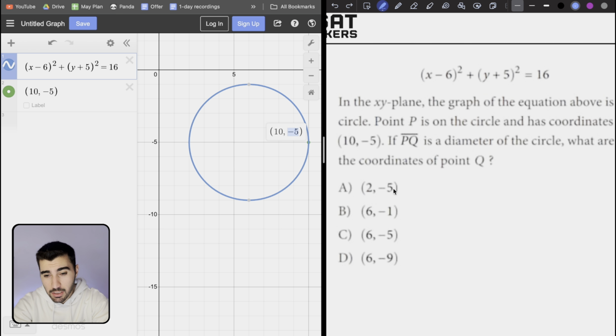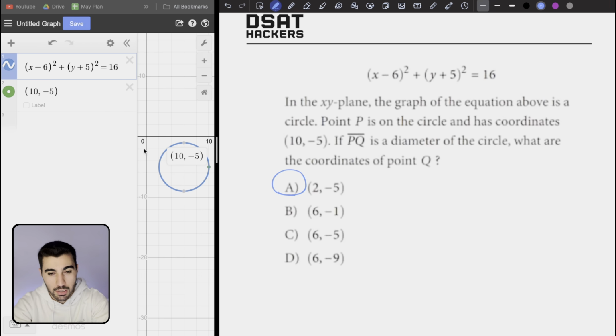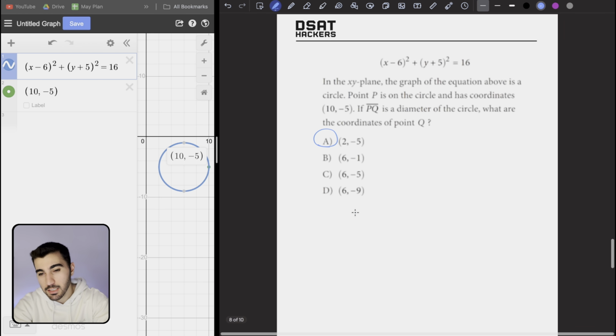And as you see here, we have A and C both negative 5s, okay? And the radius is 4. So when we move 4 units this side, 8 units because of the diameter, then we're going to have 2 here. So we will have 2, negative 5 as choice A for this question. Very easy with Desmos. You just plug it there and see the point and see the opposite side that can be the diameter.